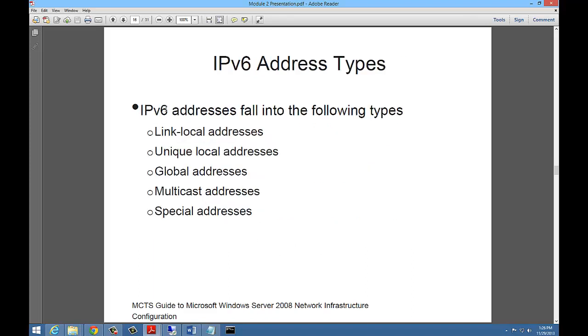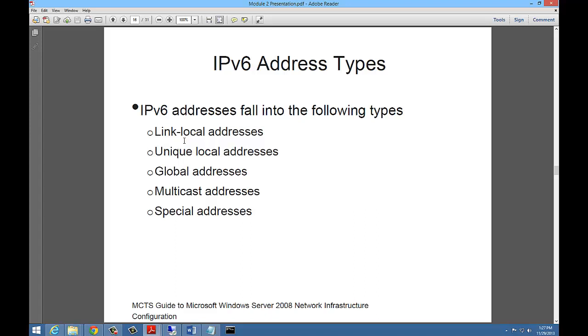There are different types of IP version 6 addresses, just like I showed you in that previous special use area. There are lots of special addresses in version 6. There are link local addresses, which are private networks, just like the TCP/IP version 4 private networks, such as the 10 dot and the 192.168.